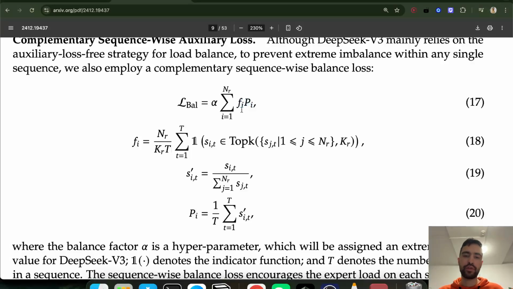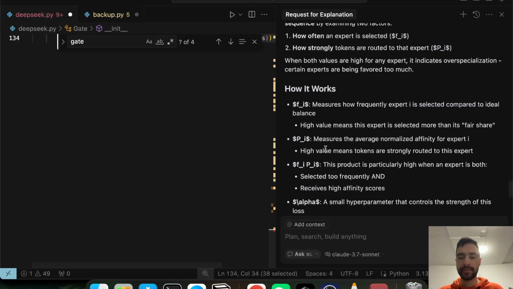So now we put this f_i number here, and to remind ourselves, P_i measures the average normalized affinity for expert i. A high value means tokens are strongly routed to this expert, so tokens have a high affinity with this expert.